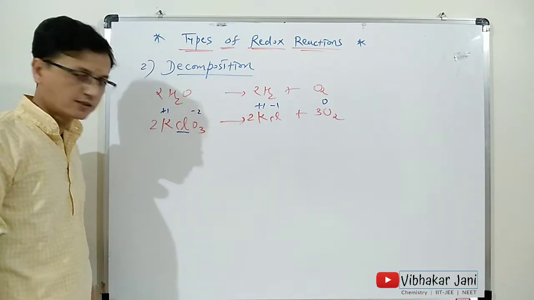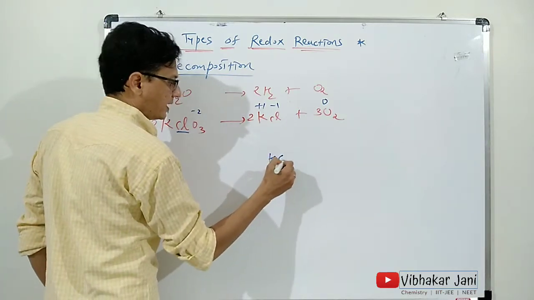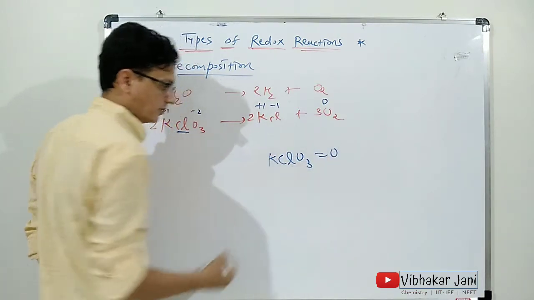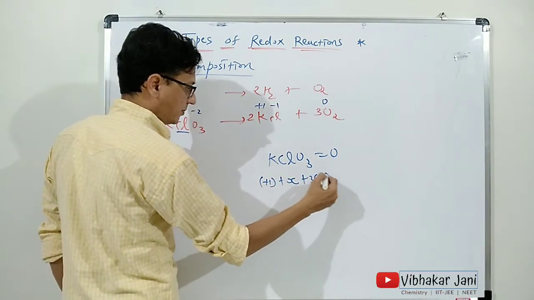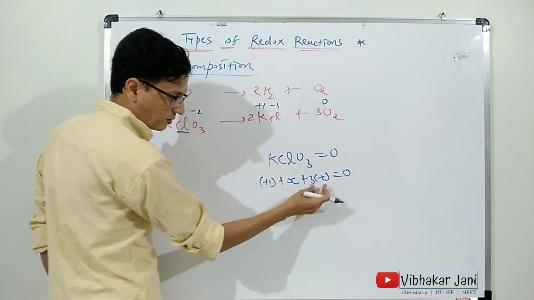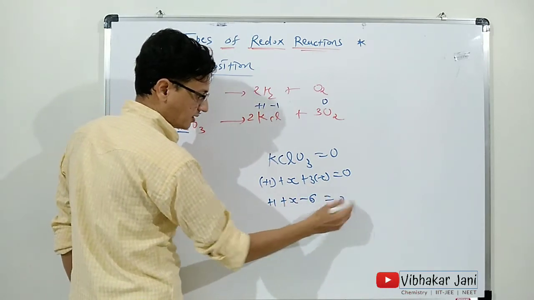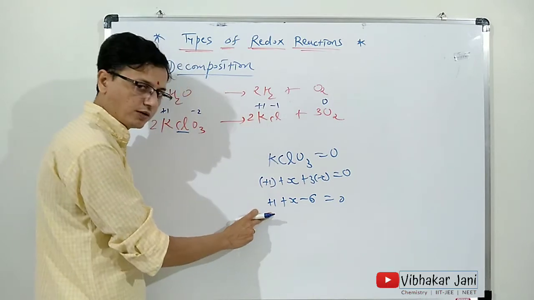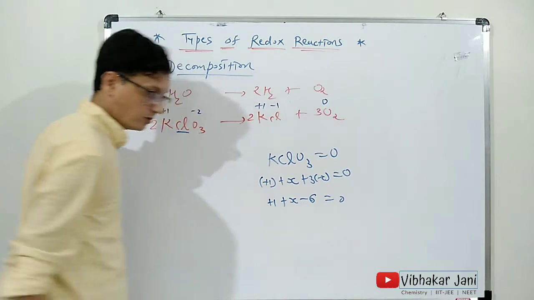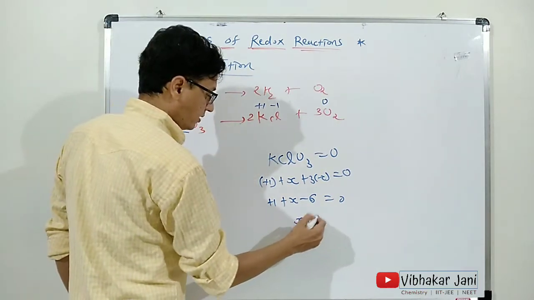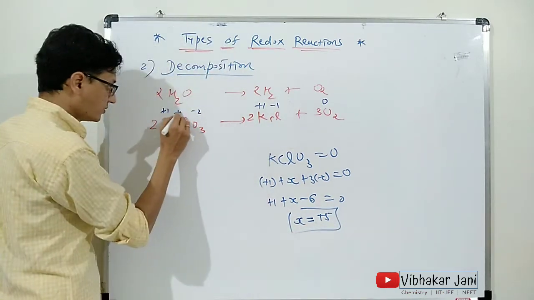Now let us count the oxidation state of Cl in KClO3. If we use the classical method, it will be like this: +1 + x + 3(-2) = 0. Now 3 times 2 is 6. So +1 + x - 6 = 0. -6 plus 1 gives us -5. That -5 goes to the other side of the equal sign, and it becomes +5. So the oxidation state of chlorine is +5.